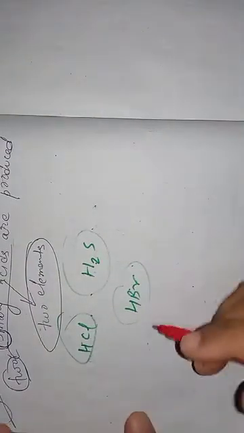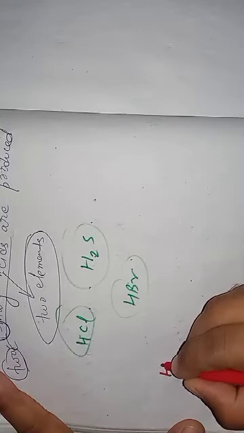Now let us try to understand the mechanism of the chemical reaction, and that is a combination reaction. I said you have to have the understanding of what sort of reaction it is. If you have that understanding, then it will become very easy for you to learn the reactions. So it is a combination reaction.